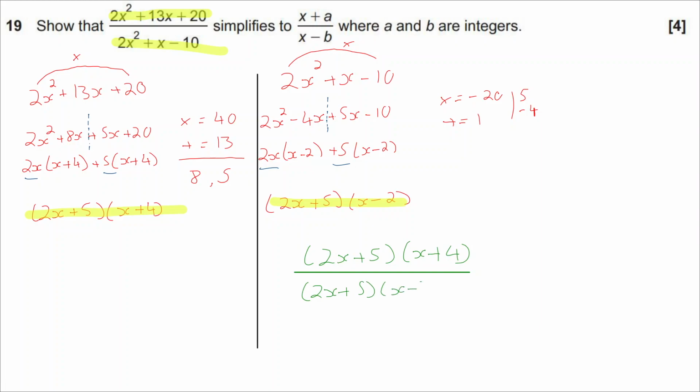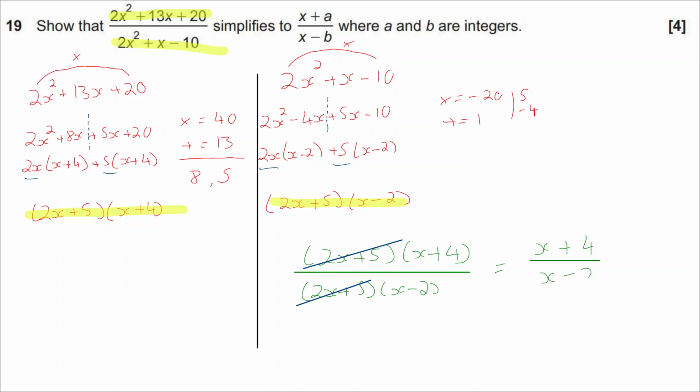The aim of the game, whenever you're simplifying an algebraic expression like this, is that there should be at least a bracket on the top and the bottom that are the same, because then of course you can cancel them out, which you can do with 2x plus 5, and you're just left with x plus 4 over x minus 2.